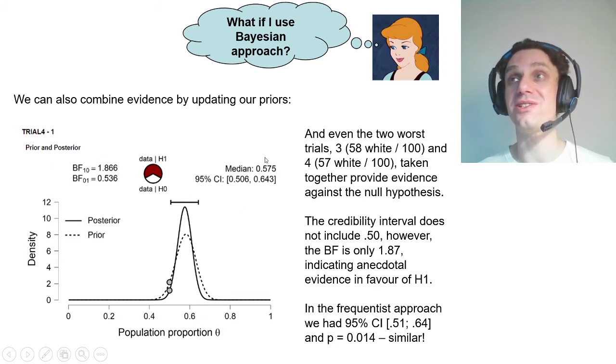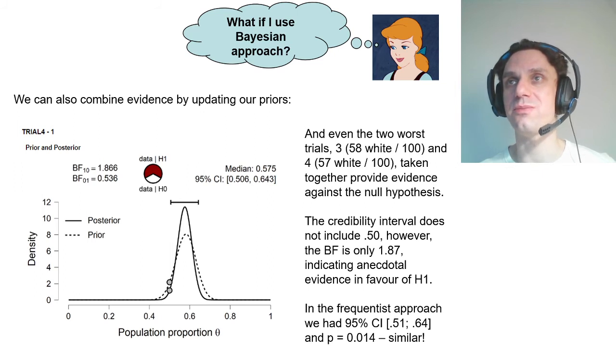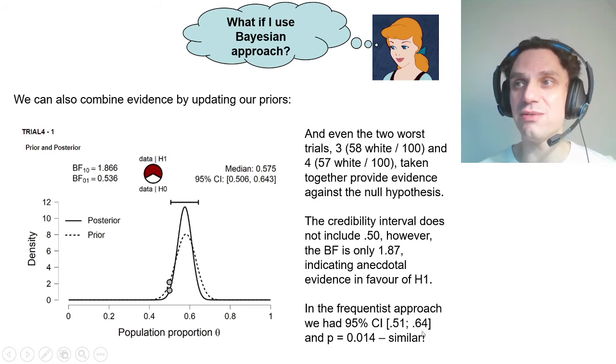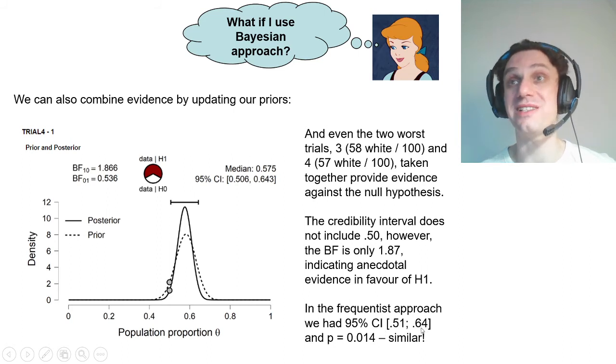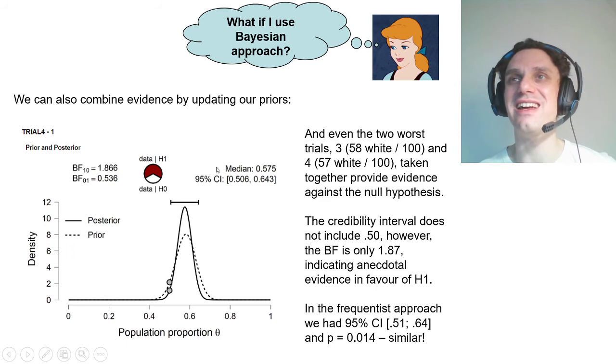And based on those two trials alone, as if the other three did not exist, we get a median estimate of effect of 0.57, and the credibility interval is again equal to our confidence interval that we got based on frequentist statistics. I just rounded it to the second digit there, and here JASP did not round it.